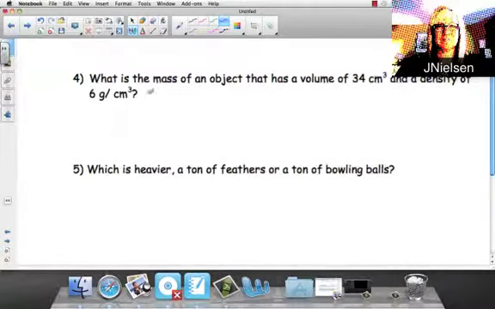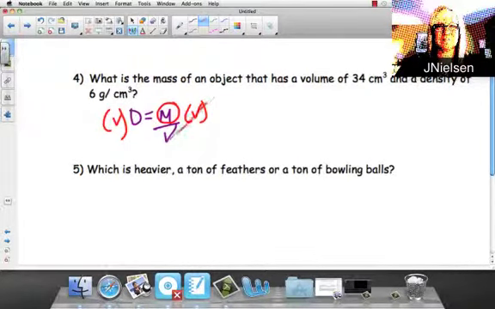Two more. What is the mass of an object that has a volume of 34 centimeters cubed and a density of 6 grams per centimeter cubed? Well, you can set up your proportion if you want, but I'm going to show you the way that we need to solve this. If I am solving for mass, I need mass by itself. This is divided. I'm going to times both sides by v.